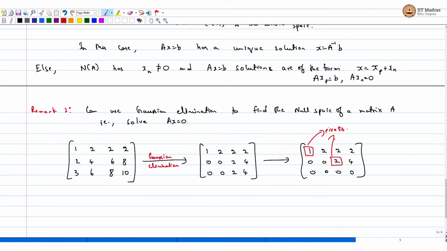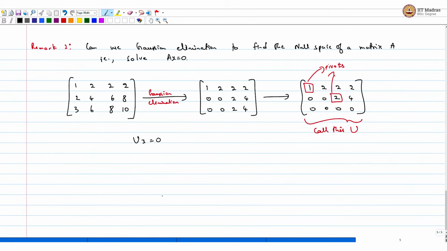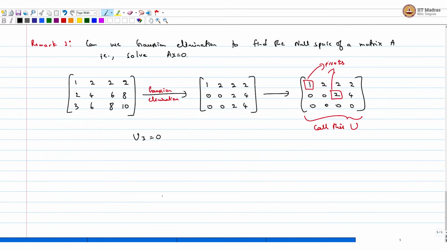Now if I take this matrix, let's call it U, then solving Ux equals 0 is simple enough. Which is like saying 1, 2, 2, 2, 0, 0, 2, 4, all zeros, times x1, x2, x3, x4, equals 0.